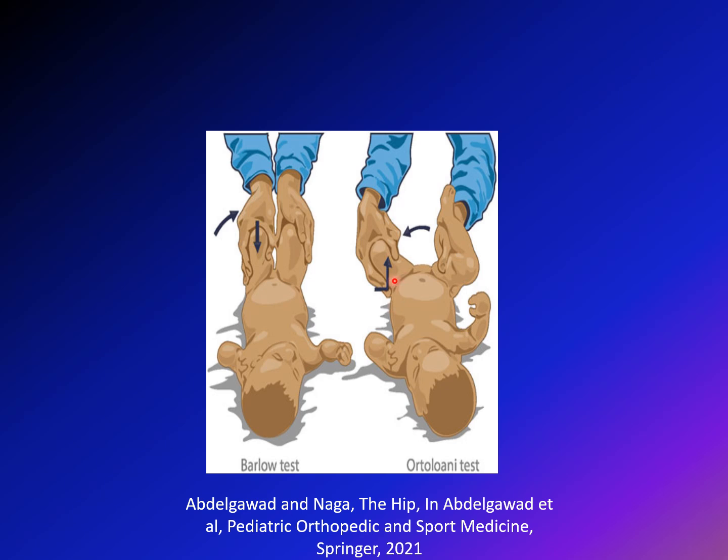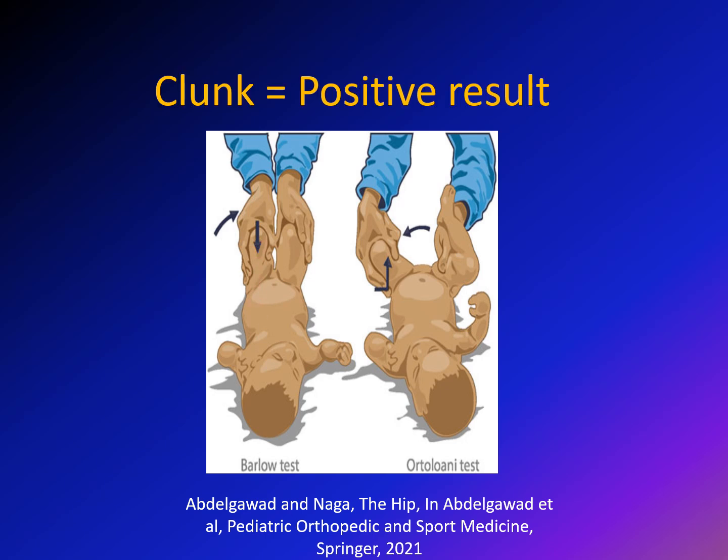And if you feel the clunk, that means this is positive. Remember, clicking is not something that we're looking for. It's a normal finding. And in the Barlow test, you bring the leg inward and you push backwards, and if it comes out, that's positive. Both of them require a clunk.